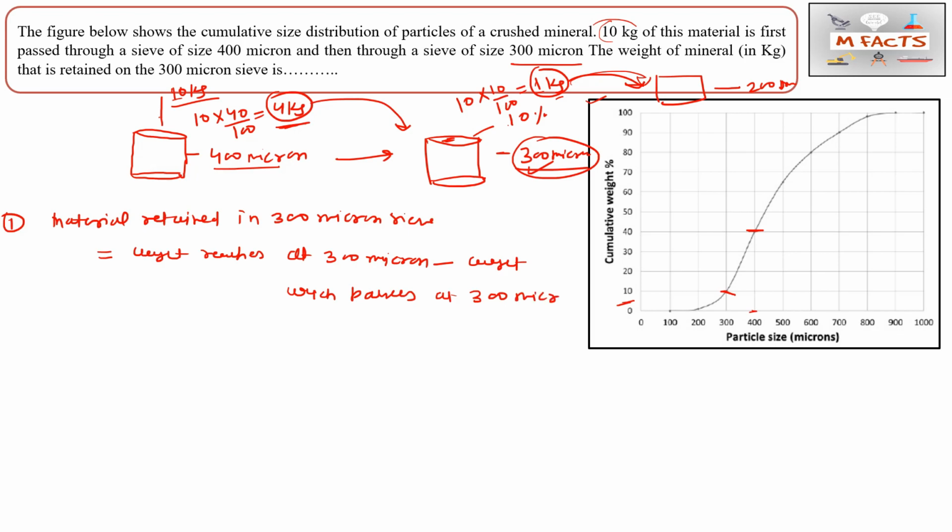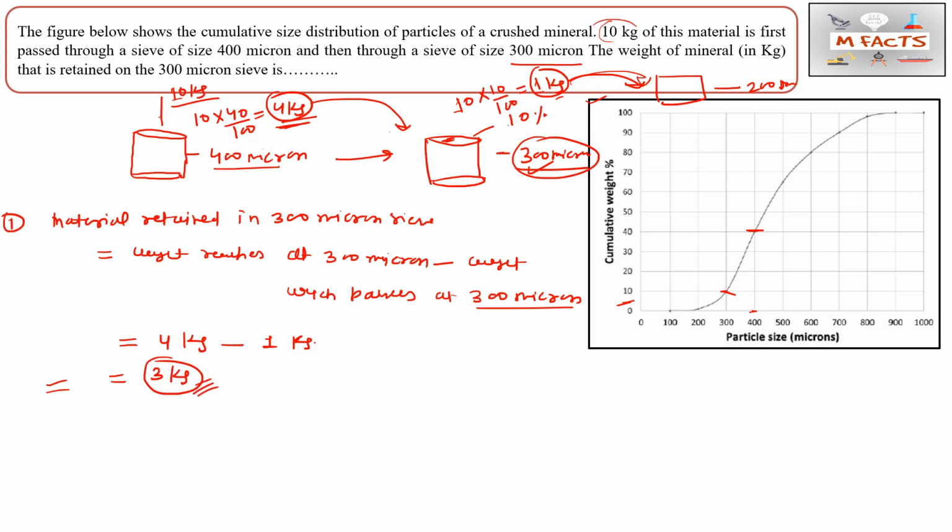Okay, so in this figure we can say the weight that reaches 300 microns is 4 kg, and the weight which passes at 300 micron is 10%. Again 10% means that is 1 kg. Okay, so what is remaining at 300 microns, that is 3 kg. Okay, so this is one way of finding this answer. This is the correct answer also.